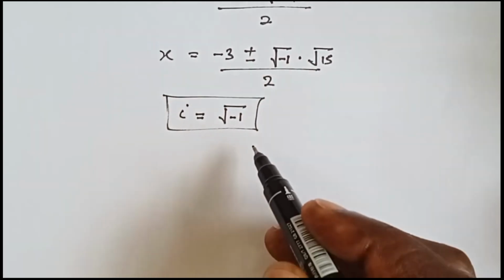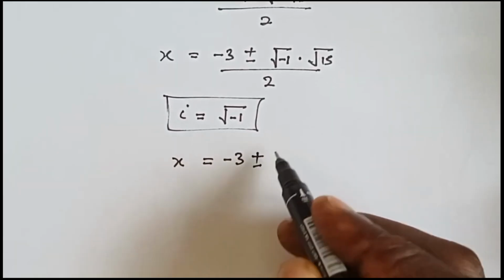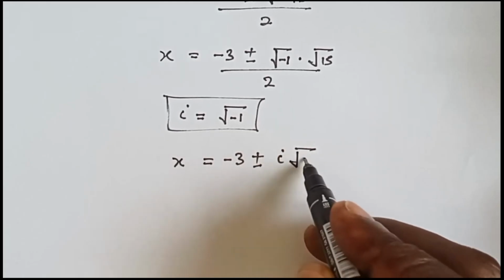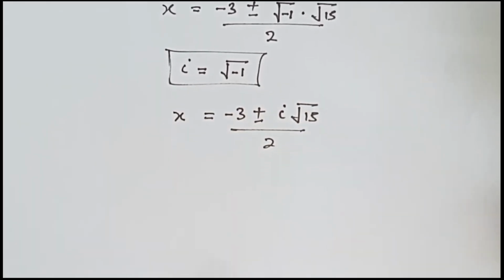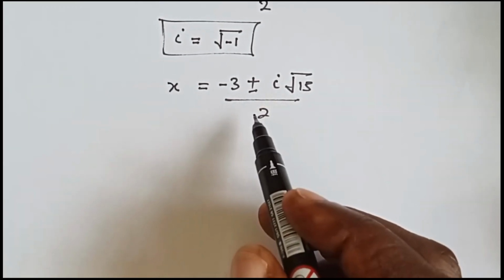And it means this equation gives us x equals minus 3 plus or minus i, our imaginary unit, times square root of 15, over 2. And lastly, we have our other factors now.